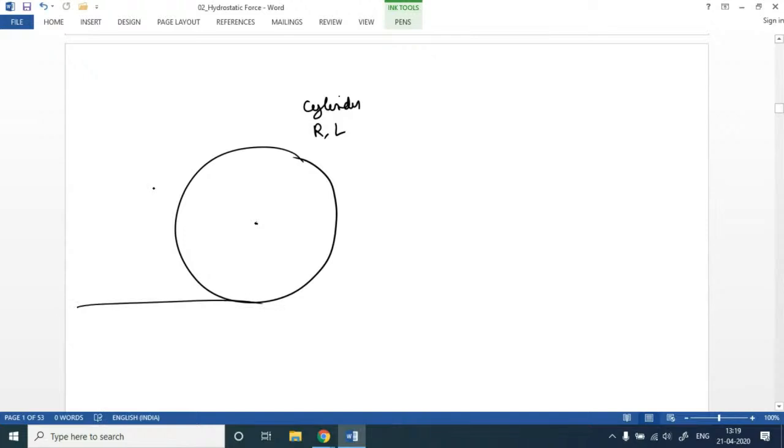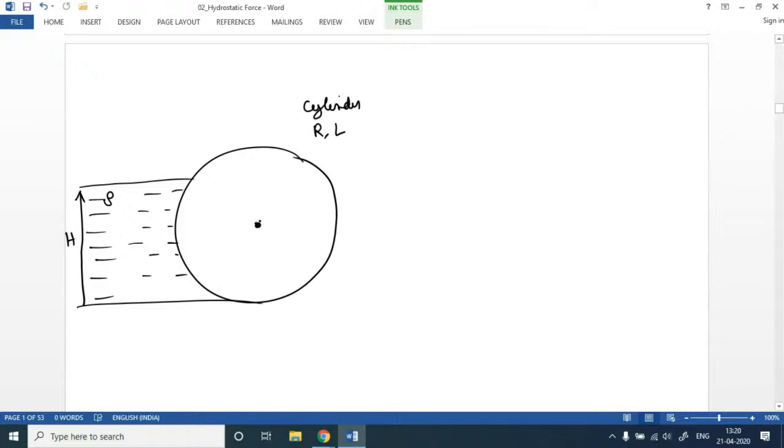this is kept on the surface, and on one side some liquid is filled to a height of, say, capital H, and the liquid density is rho. So now I am interested in finding out the net horizontal force exerted by the liquid on this cylinder, and also I want to find out the net torque exerted by this liquid on this wall over here.